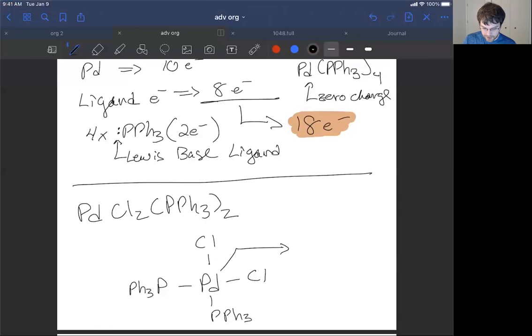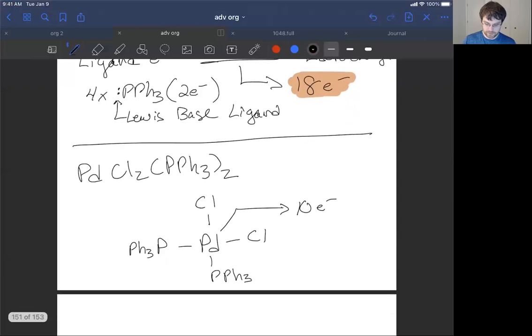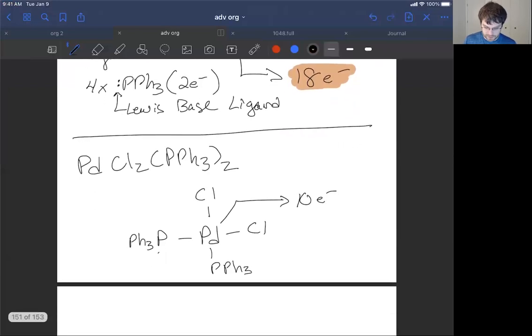So the palladium is always 10 electrons because we can ignore the oxidation state. We have triphenylphosphine, which provides 2 electrons, and we have 2 of them. Now the chlorines actually provide 1 electron each.